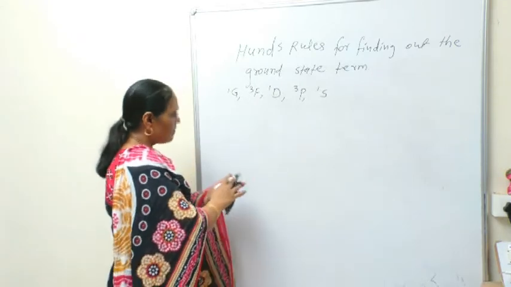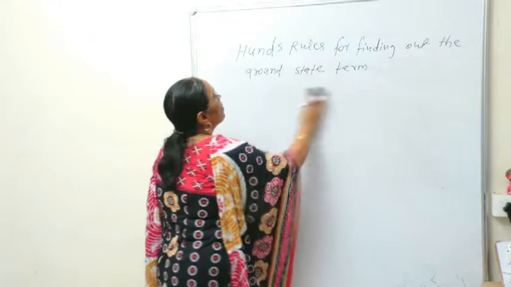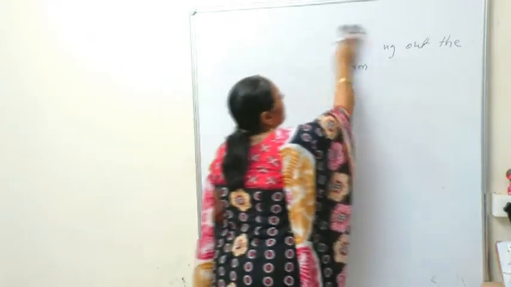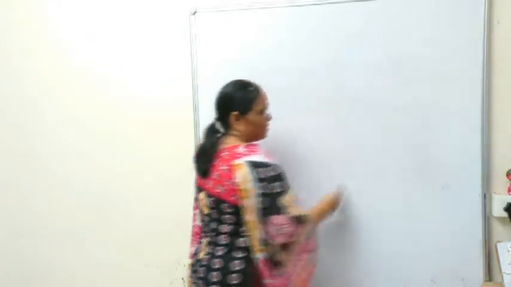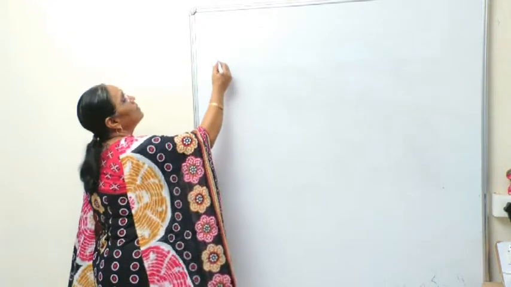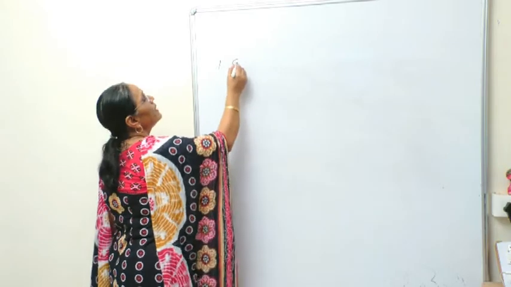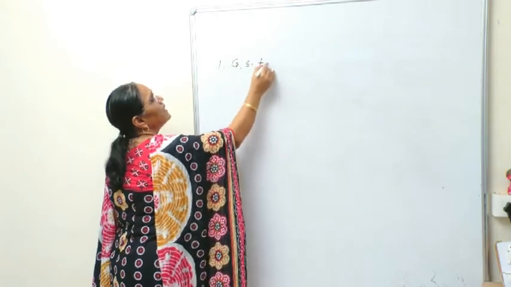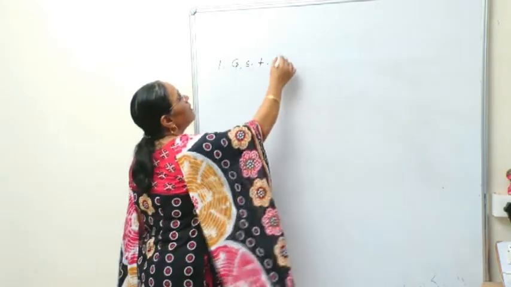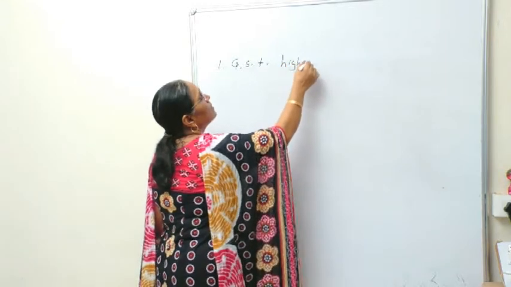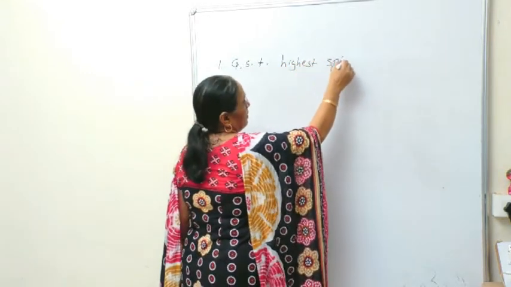So there are 3 rules from which we can determine the ground state term. The first rule states that the ground state term has the highest spin multiplicity.